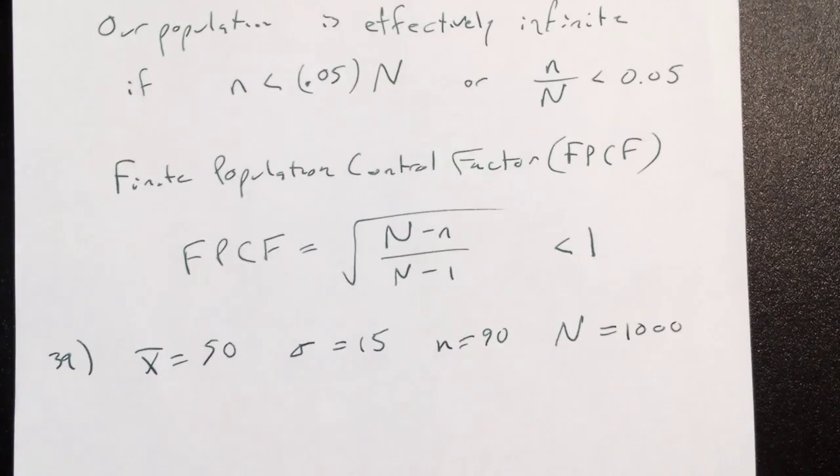First question. Is this population effectively infinite for this sample? Why not, Max? Below 5%. Aha. 90 divided by 1,000 is 0.09, which is bigger than 0.05. So this is a finite population.